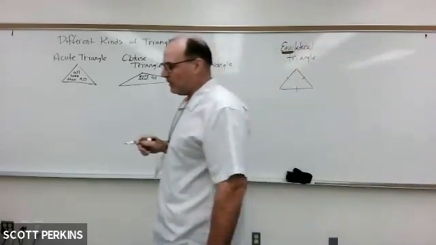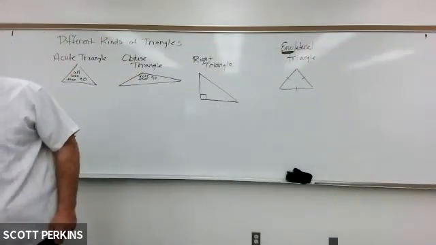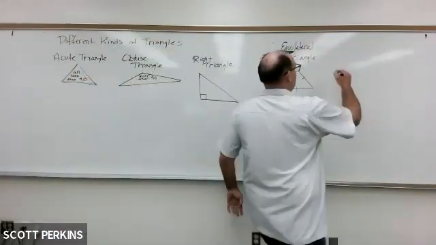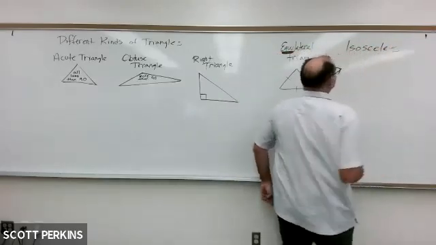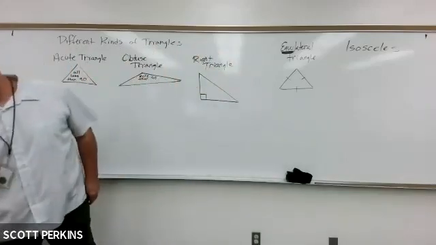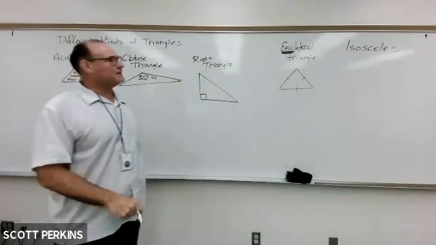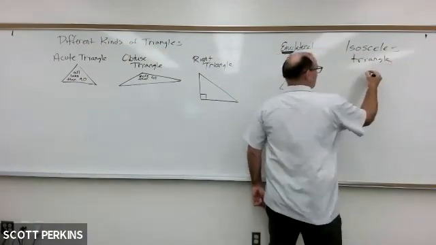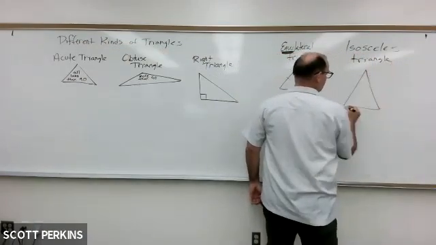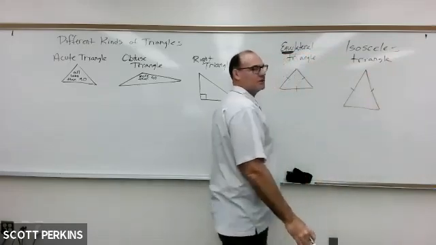Hey, this next word I can't spell. I should probably give bonus points. I think that's it. Yeah, isosceles triangle. Isosceles triangle just means two of the sides are equal, so I'll just put a mark on each.